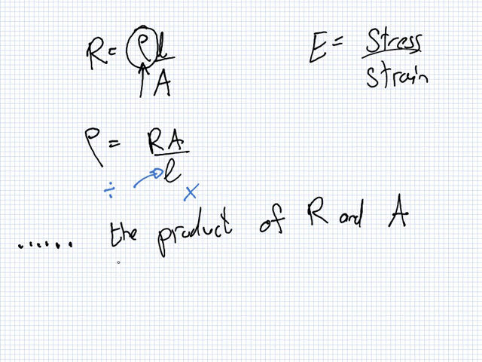Per, yeah. The product of R and A per length. Yeah, per unit length. So it's kind of like a simple trick for definitions of constants in the exam. It's not really wonderful, but it's what they want in the exam, so it does just fine.